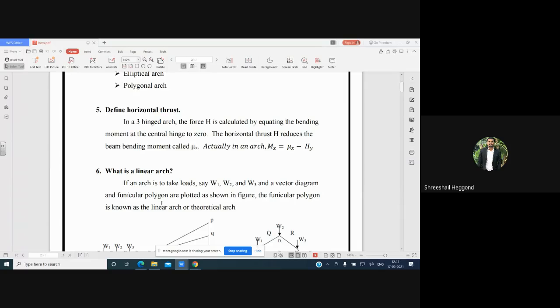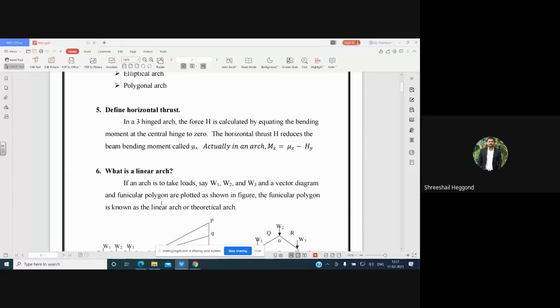In a 3-hinge arch, the force H is calculated by equating the bending moment at the center hinge to 0, because at hinge supports, all hinges will have this moment as 0. Therefore, you can equate it to 0 for the internal hinge and calculate the horizontal thrust.